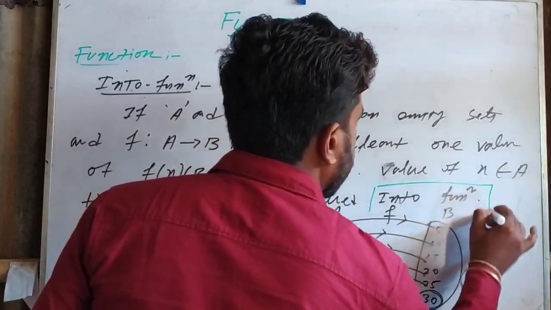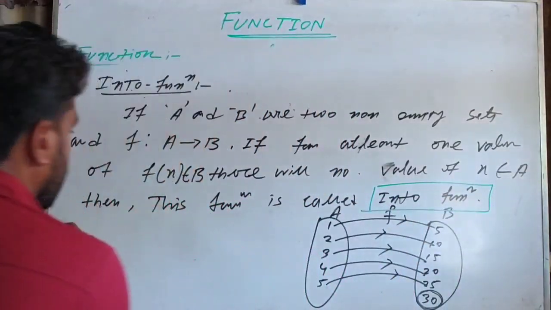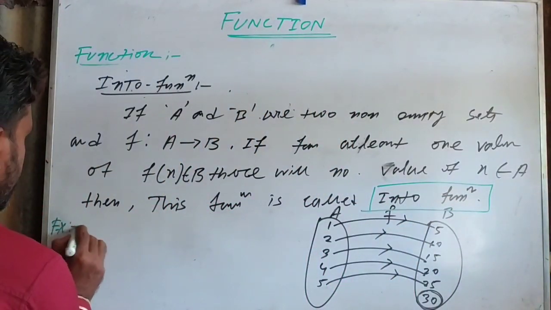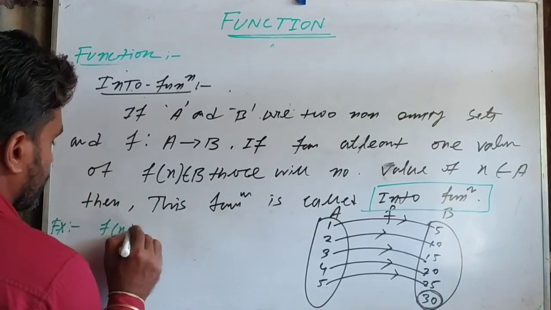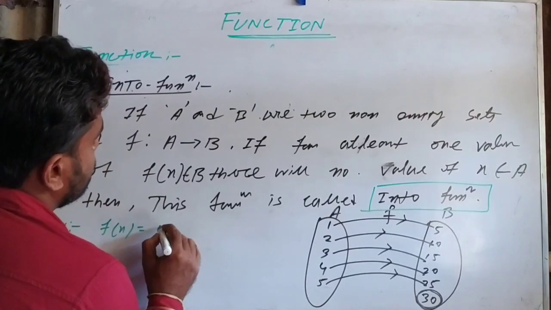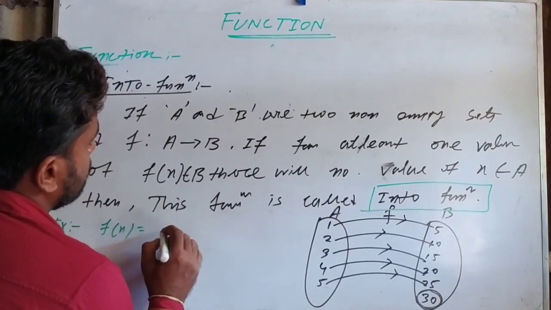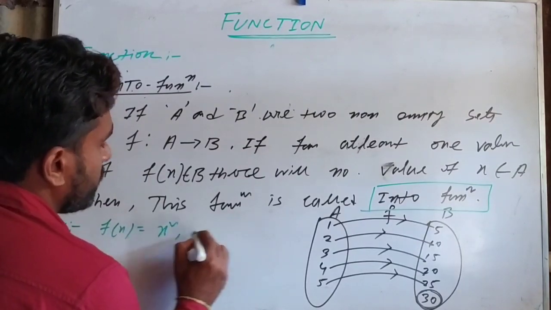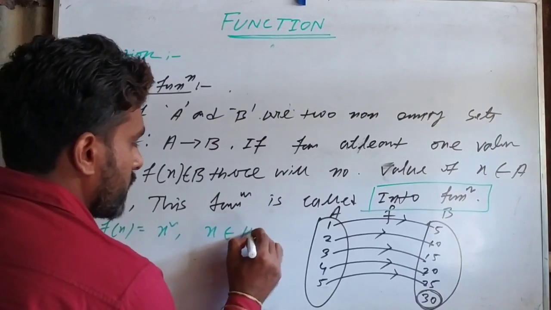If I choose an example, if fx equals to, we are choosing an example here, fx equals to suppose x square, x belongs to natural number.